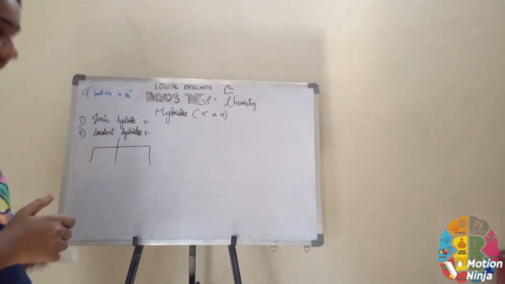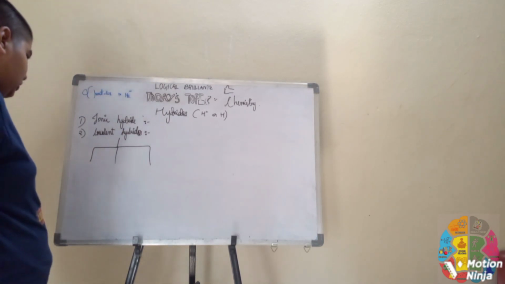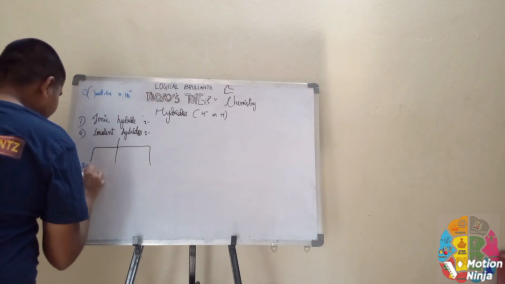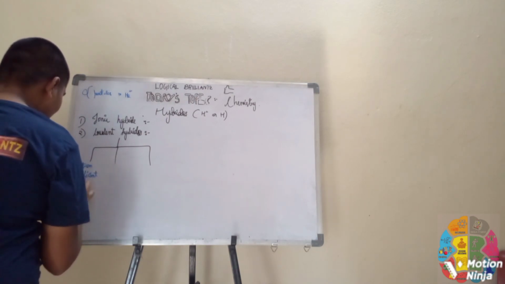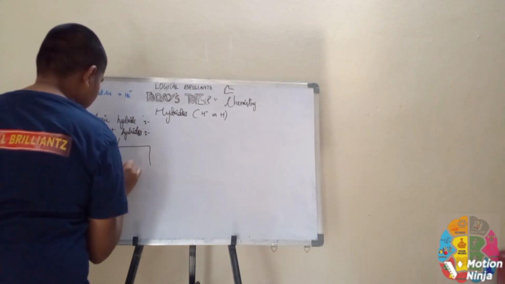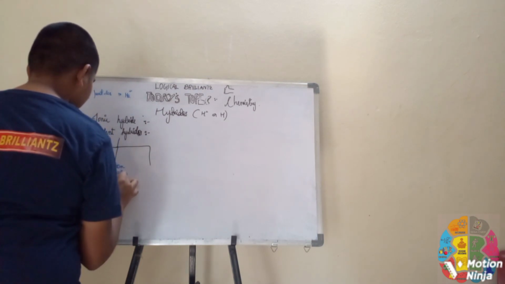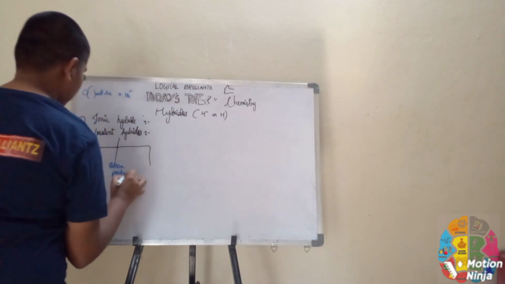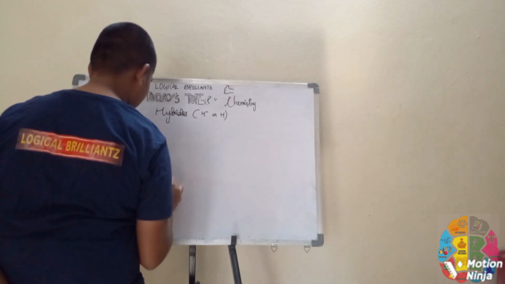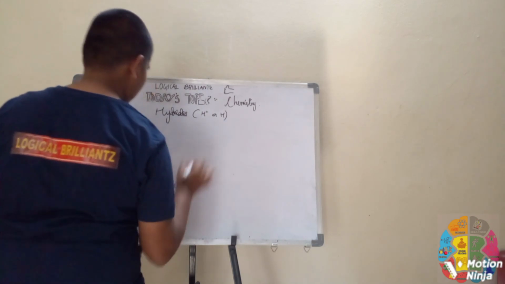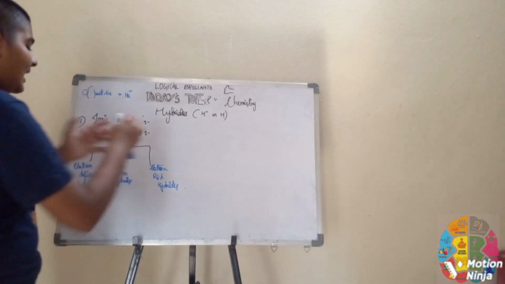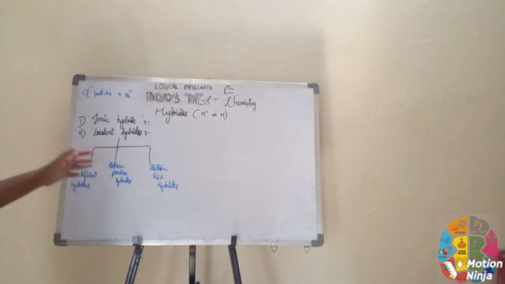The three types of covalent hydrides are electron deficient hydrides, electron precise hydrides, and electron rich hydrides. So what are the differences of these hydrides?